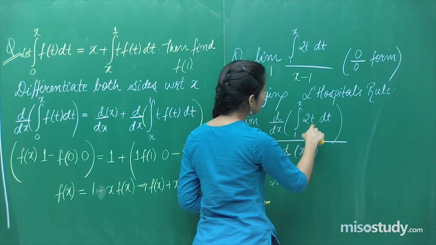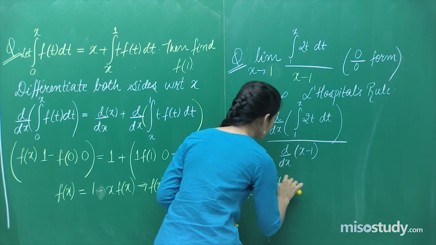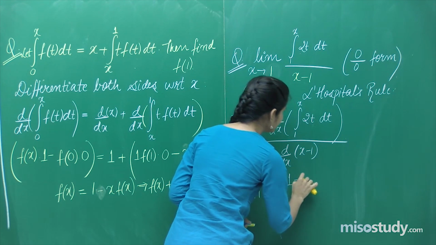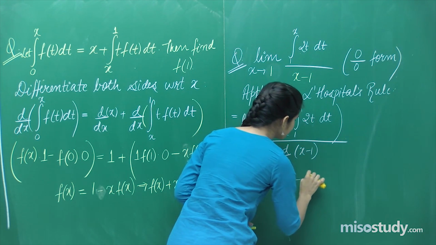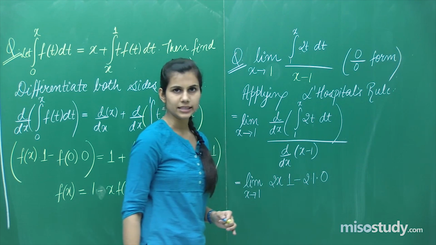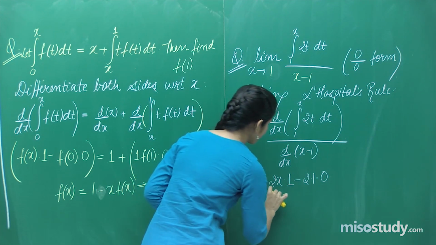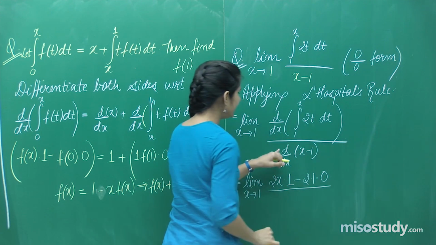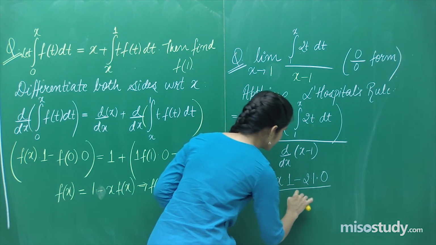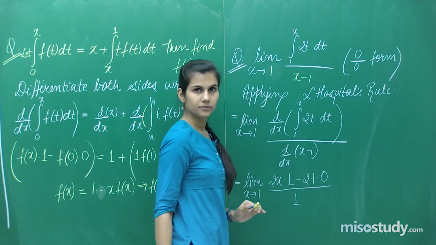Replace this t by upper limit multiplied by differentiation of the upper limit with respect to x, minus twice of lower limit into differentiation of the lower limit, which is 0, whole upon d by dx of x is 1 and d by dx of 1 is 0, so you get just a 1.